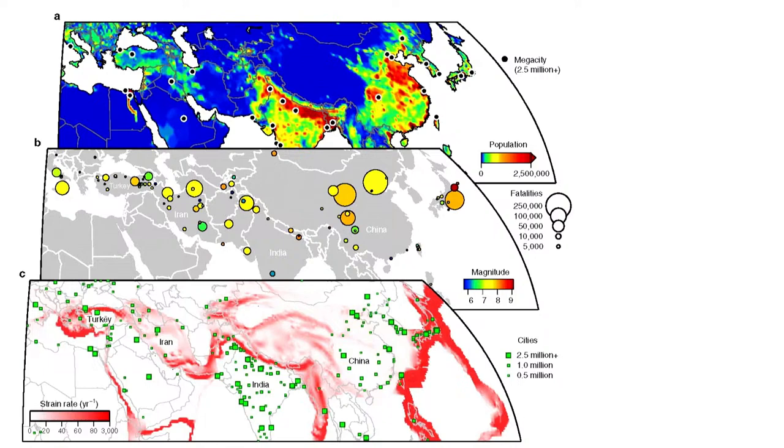Due to the convergence between two plates, like India and Eurasia colliding with each other, the Indian plate is subducting beneath the Eurasian plate. Due to this convergence, and because of the elastic nature, huge compression is going on. Some part is moving and some part is locked, meaning it is not moving.